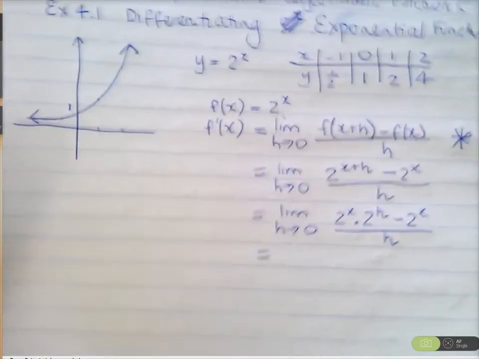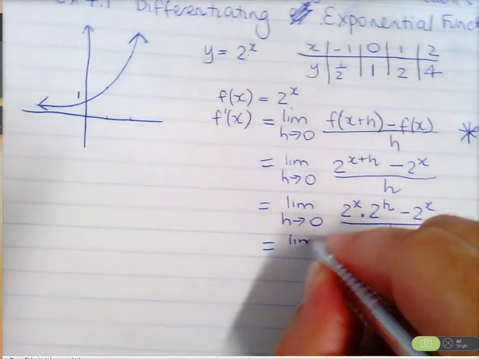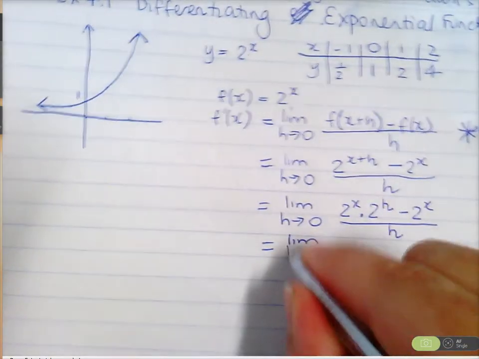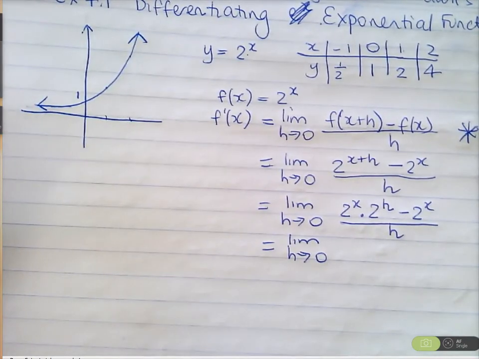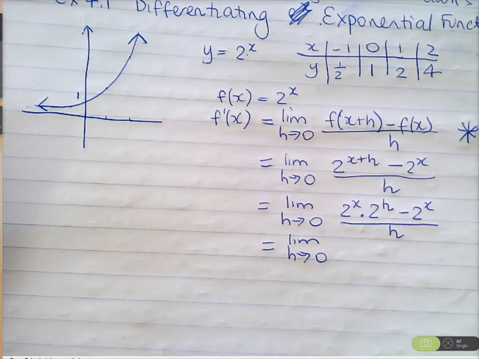So it's the limit. You won't be doing this again. Limit as h approaches 0. Can I factorize out anything? Yeah, I've got 2 terms there. How do I know? Because terms are separated by plus and minus signs, not with times. Times means that's one term. So I've got 2 terms here on the numerator, and 2 to the x is part of both of them.